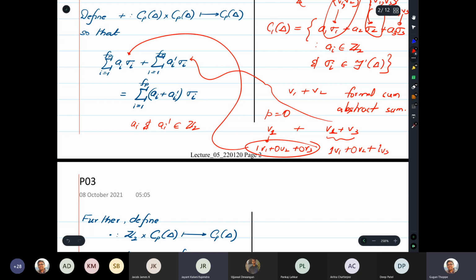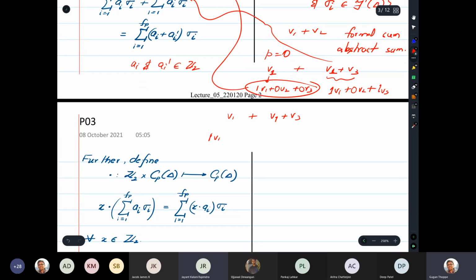Just to give an example, V1 plus V3: you have to interpret this as 1 V1 plus 0 V2 plus 0 V3, and this you have to interpret as 1 V1 plus 0 V2 plus 1 V3. When you want to add them up, 1 plus 1 is 0, so 0 V1; 0 plus 0 is 0, so 0 V2; 0 plus 1 is 1, so 1 V3.